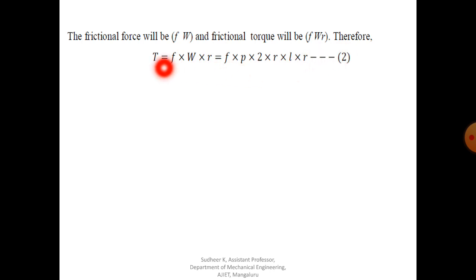So torque you will get F into W into R. So it's nothing but F into P into 2 into R into L into R. So you will get the second equation.